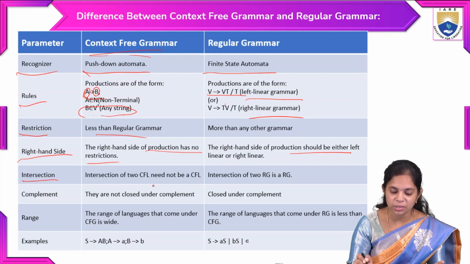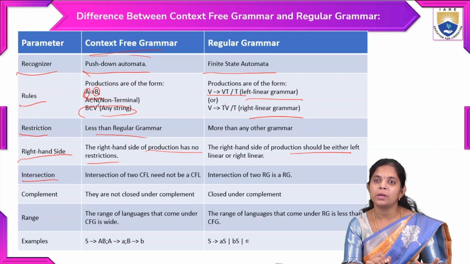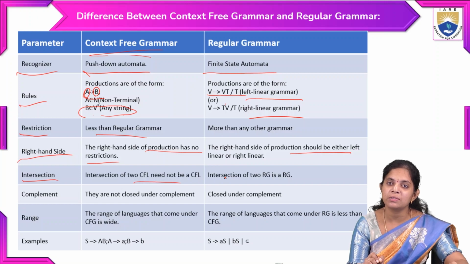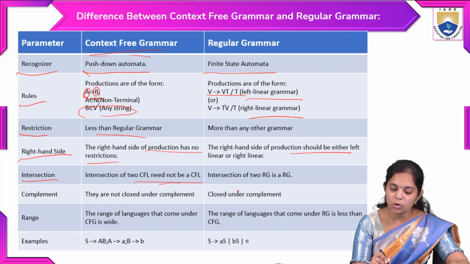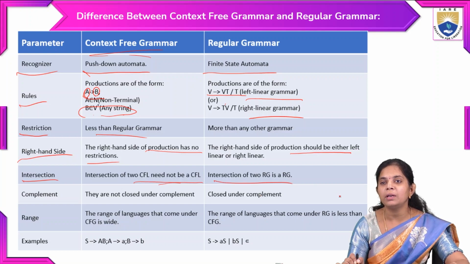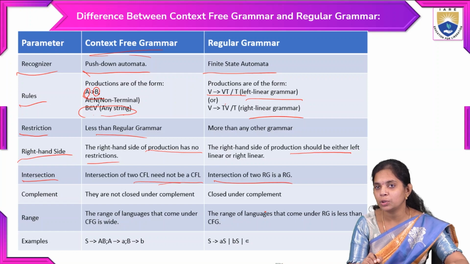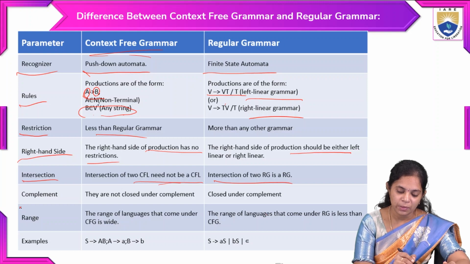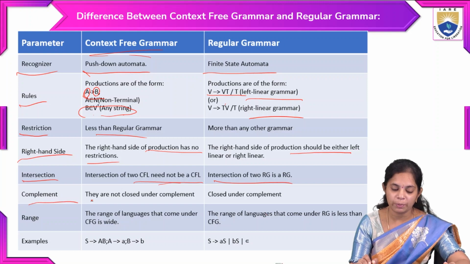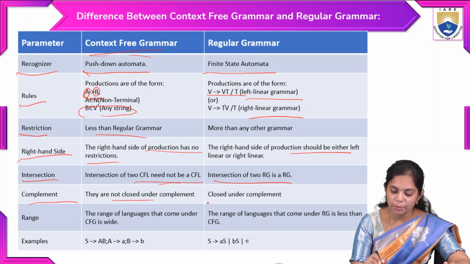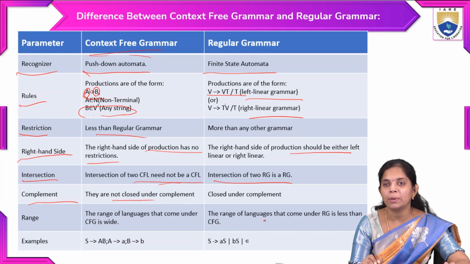And the intersection. The intersection of two context-free languages need not be a context-free language. But in the regular grammar, the intersection of two regular grammars is a regular grammar only. And coming to the complement, context-free grammars are not closed under the complement, whereas regular grammars are closed under the complement.